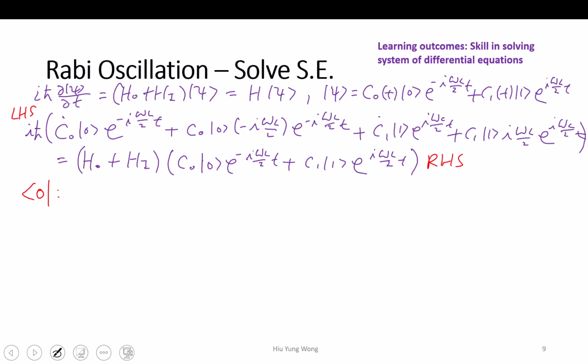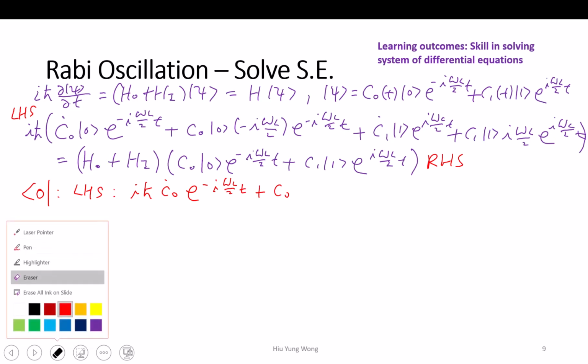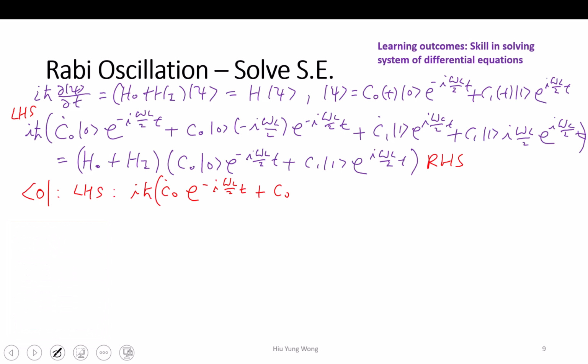So I get this one. The left hand side is i h bar, C0 dot e to the power negative i omega L divided by 2t, plus, okay, maybe I just put a parenthesis, plus C0 times negative i omega L divided by 2, e to the power negative i omega L divided by 2t.